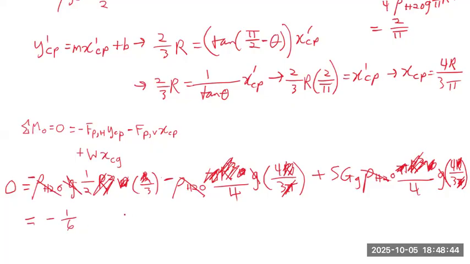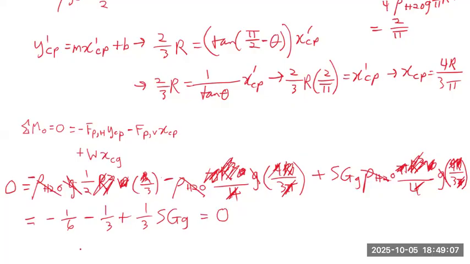Negative 1/3 because the fours cancel out too. And then we're left with plus 1/3 SG. This is equal to 0.